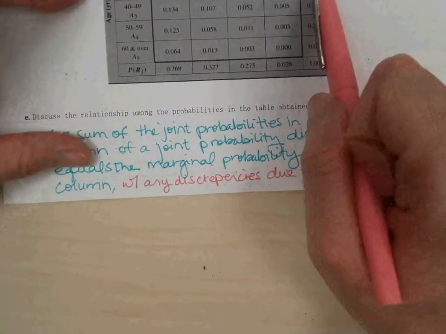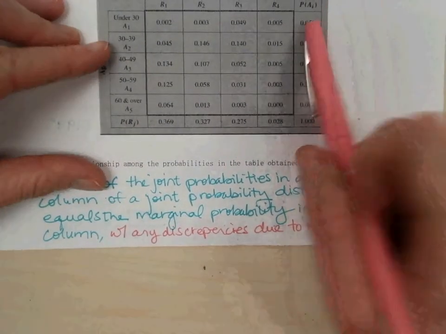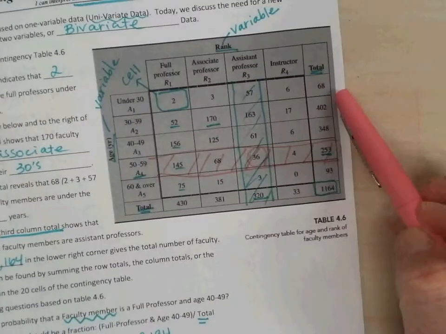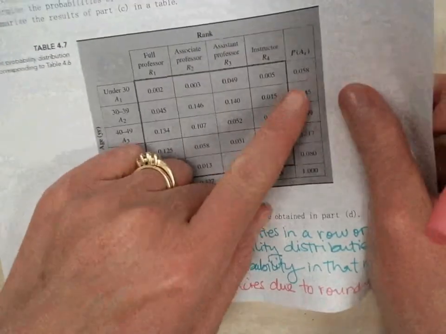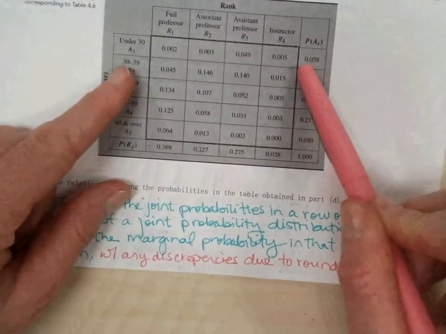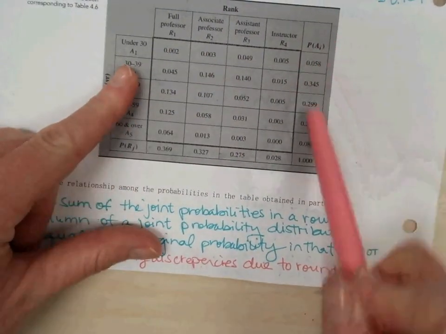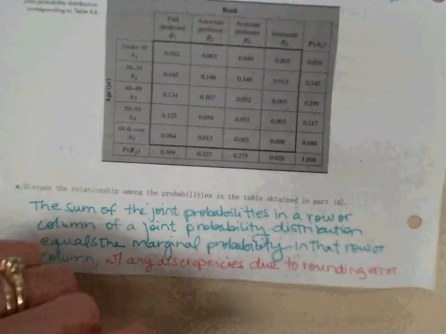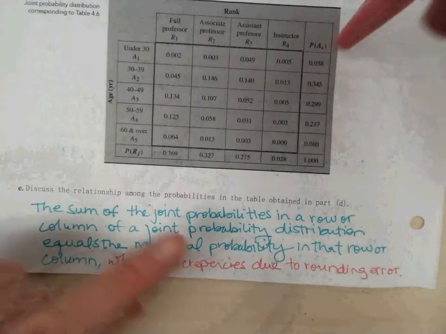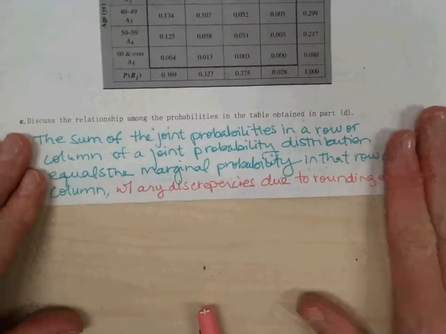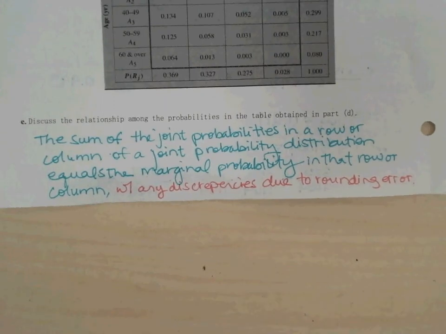So the most exact way to calculate the 0.58 would be to go back and calculate the 68 divided by the total and put that value here versus adding up these values, which are rounded, right? So sometimes you'll end up with that kind of situation on MyMathLab. So make sure, just calculate each one. And there's that. Concludes our notes for contingency tables. As always, ask if you have any questions.